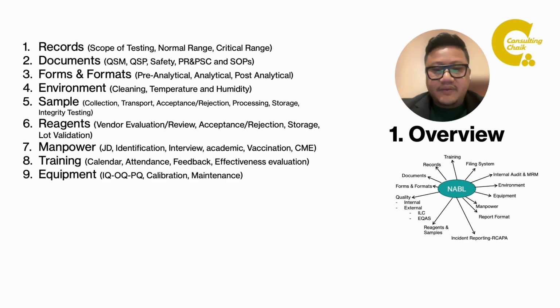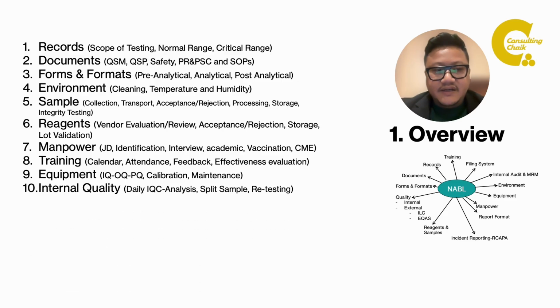Then you have equipment. For equipment, you need to keep records of IQ, OQ, PQ, that is installation qualification, operational qualification, and performance qualification. Then the calibration records and the maintenance records.